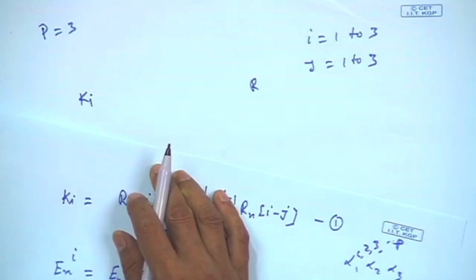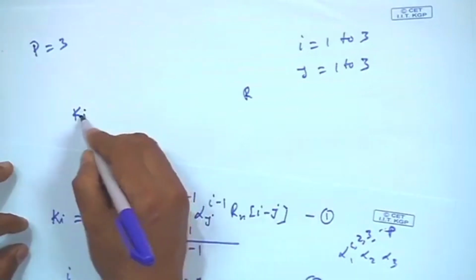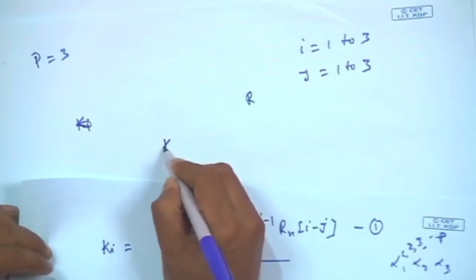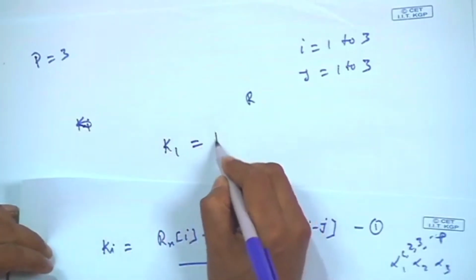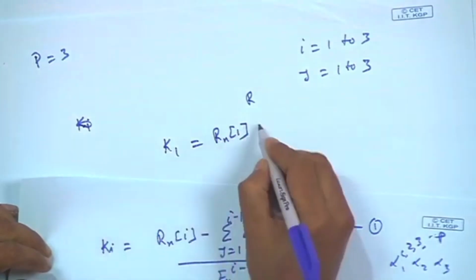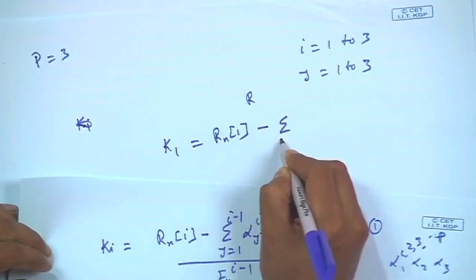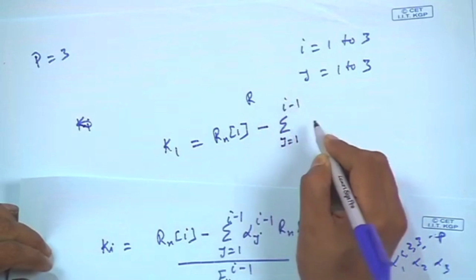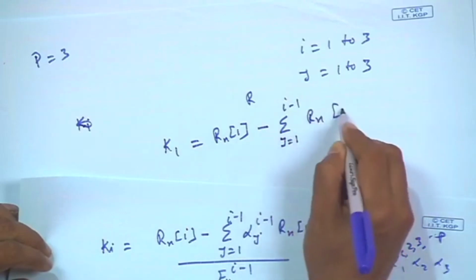So, if I want to find out k 1, I use this equation. What is k 1? k 1 is equal to R n 1 minus the sum for j equal to 1 to I minus 1 of R n I minus j.